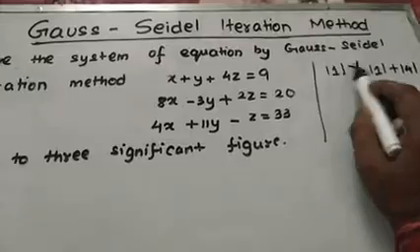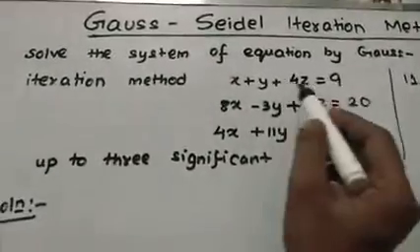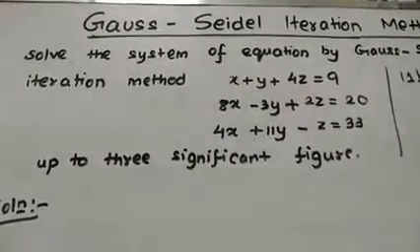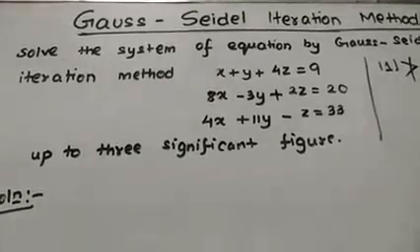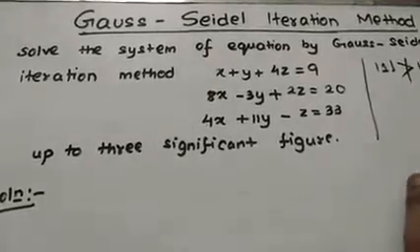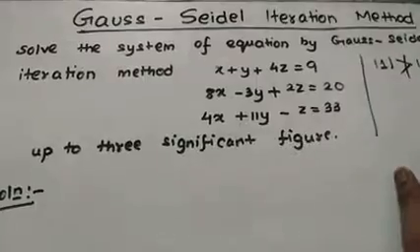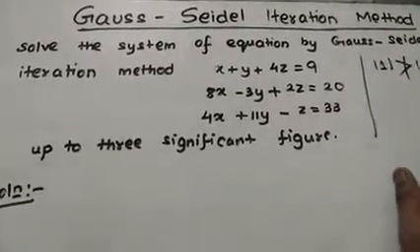So 1 is not greater than 5, which means this given equation is not diagonally dominated. So we have to rearrange this given system of equations to make it diagonally dominated.